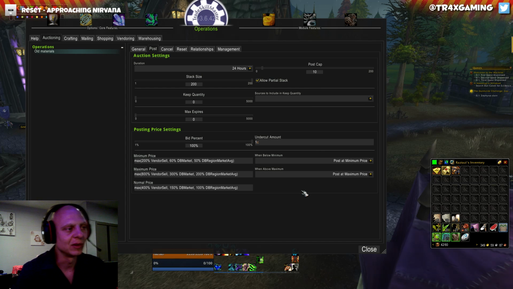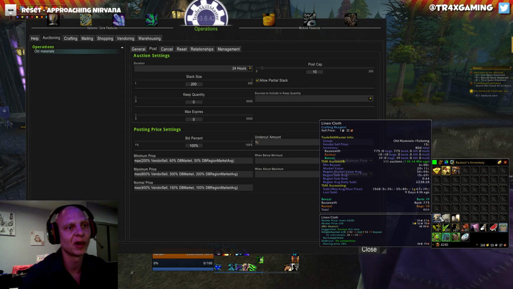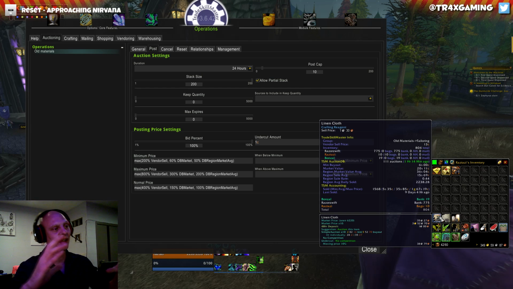Now, you don't really need to do this for linen cloth, but if somebody is controlling your market, and your market value is calculated on something like 2 weeks. So the DB market is the average of the price listing for linen cloth, calculated over 2 weeks. So it's gonna get this data, and suddenly from 2 weeks and 1 day, so from day 15, somebody is flipping the market and putting everything 10,000 times the value it should be.